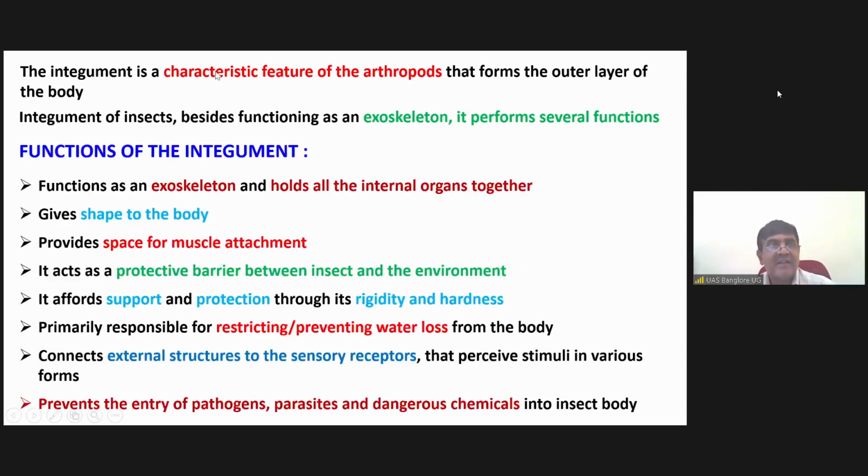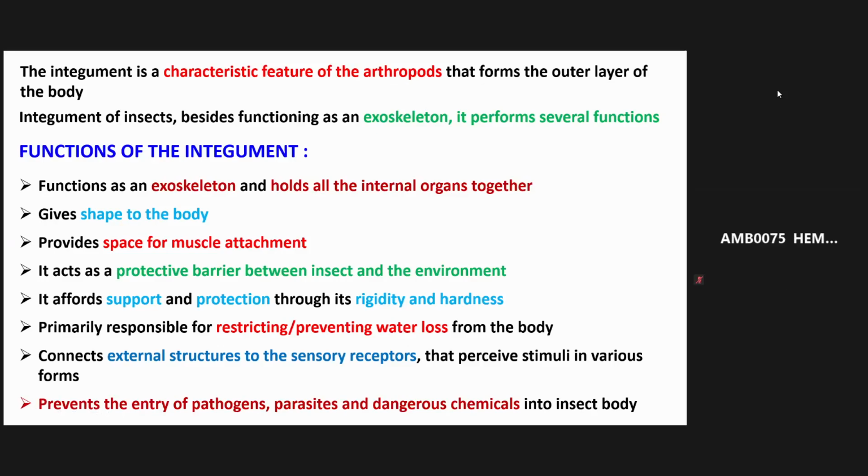So what are the other functions of insect integument? The main function is that it acts as an exoskeleton and holds all the internal organs together.